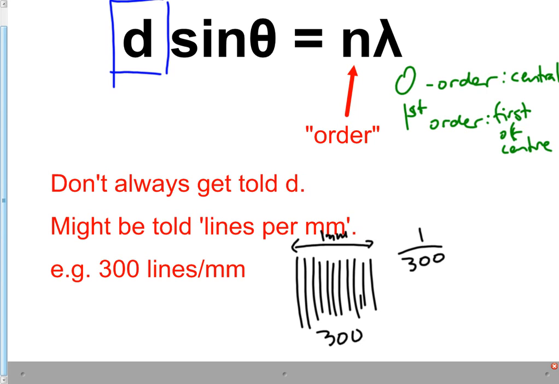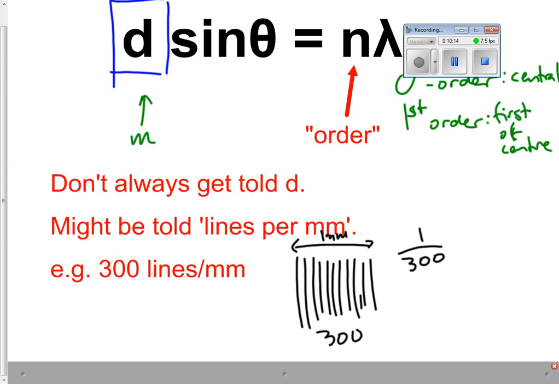Okay, but ordinarily we want to put d into this formula in meters. Okay, so 1/300th of a millimetre we've then got to convert that into meters. Okay, so have a go at that, converting 300 lines per millimeter into fringe spacing in meters. Do that now. I'll just pause the video and then we'll check what you've come up with.